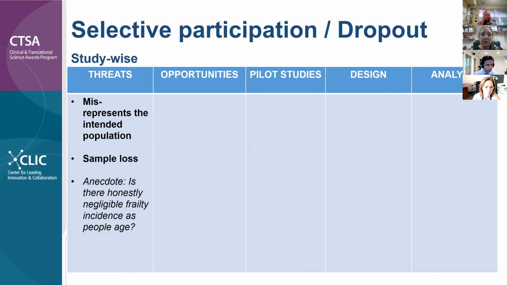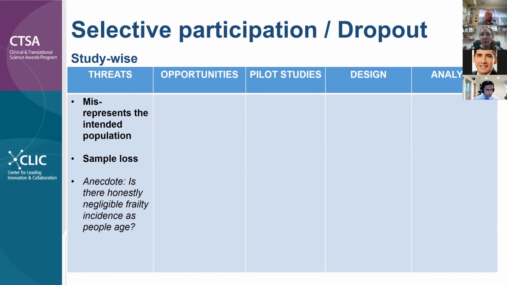We well know the threats that arise from this, and that is the threat of misrepresenting the intended population because of sample loss, let alone just losing sample size and the implications of that for power and precision.